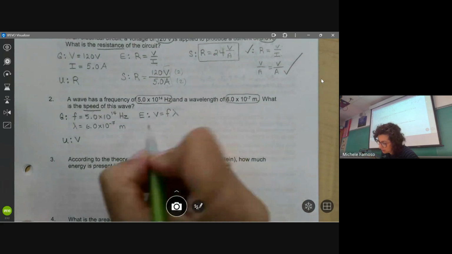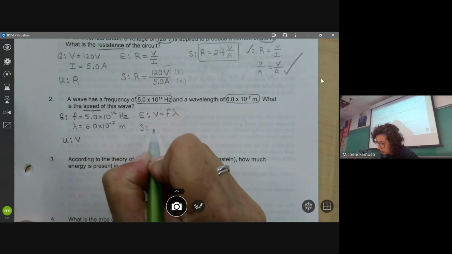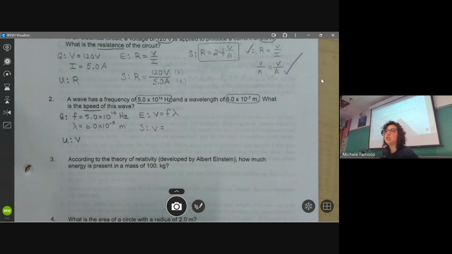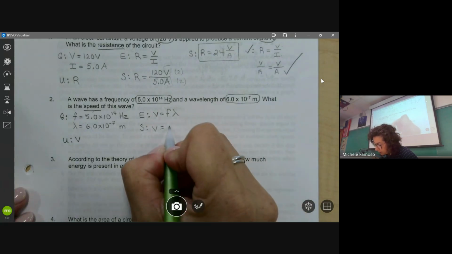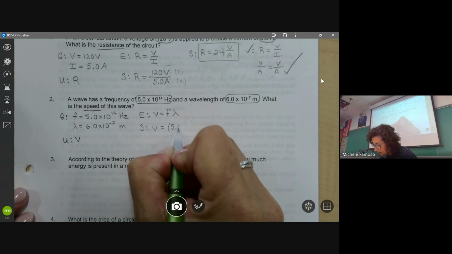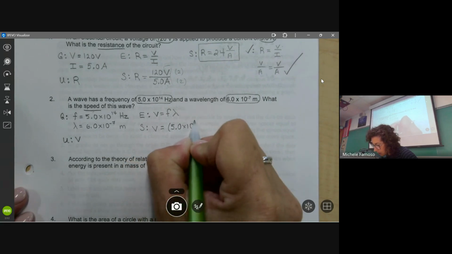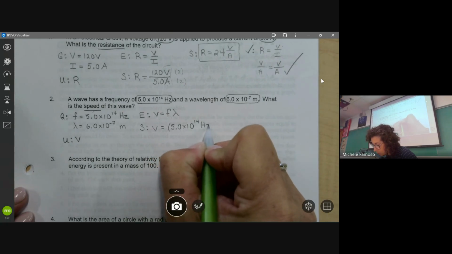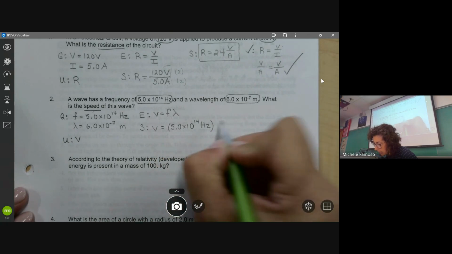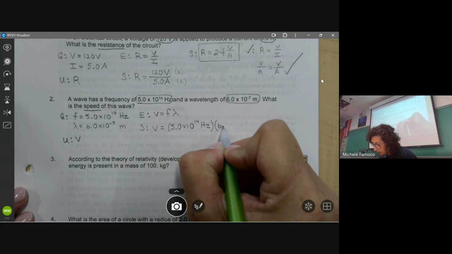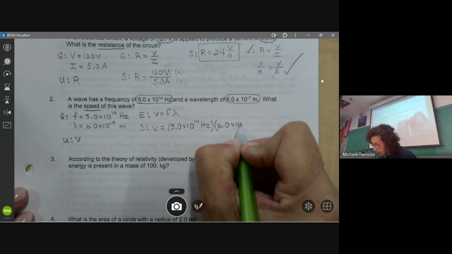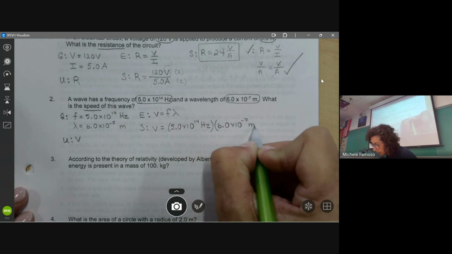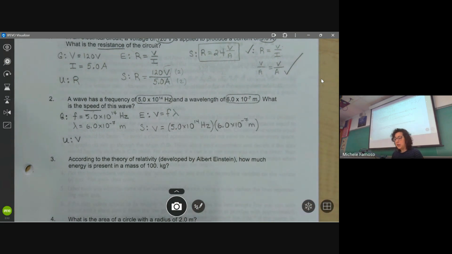Next step is the first S, which stands for substitute in your measurements with their units. The frequency is 5.0 times 10 to the 14 Hz, and the wavelength lambda is 6.0 times 10 to the negative 7 m. Okay, hold on a minute. These measurements are given to you in what form?